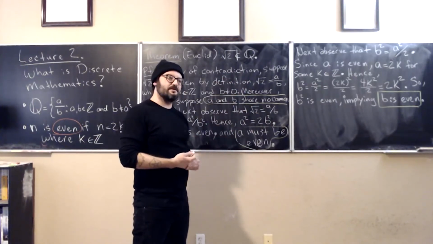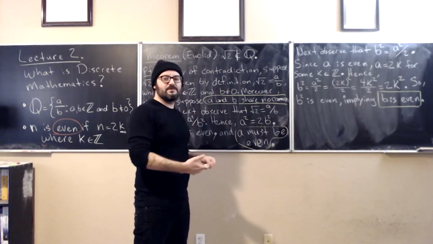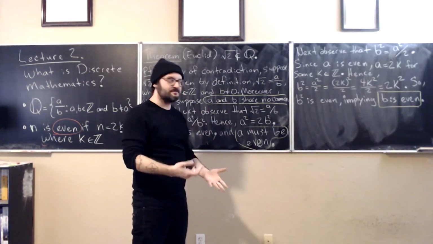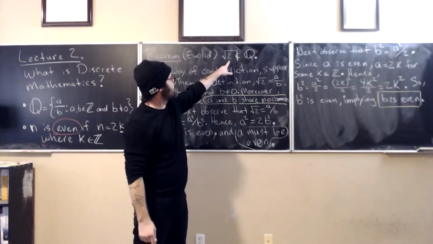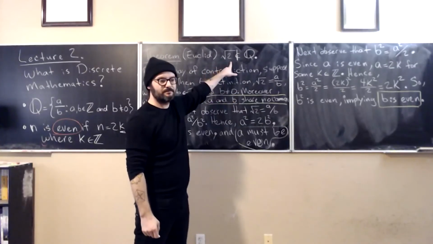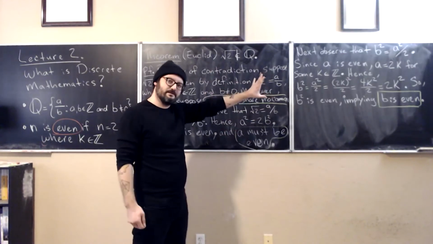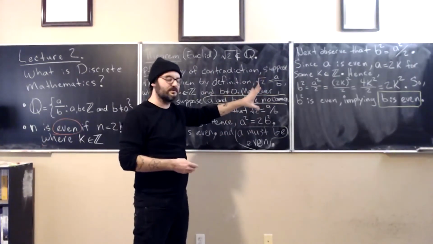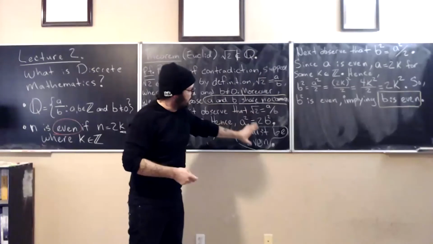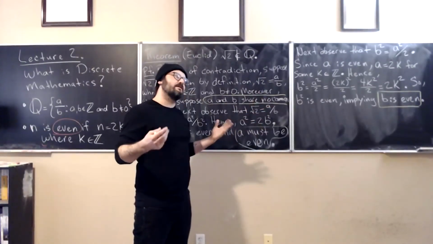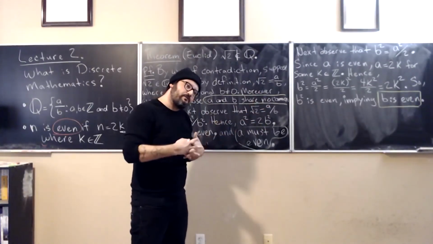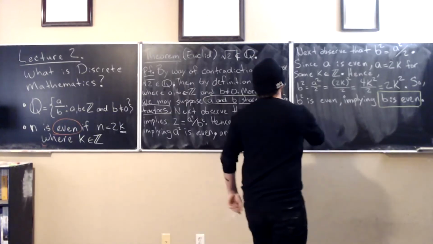A contradiction is a logical statement that is false. So if we assume the opposite of this statement here and follow through deductive reasoning and use of definitions and a little bit of algebra, we get an entire statement, a statement together that is false. I'll just write it out.